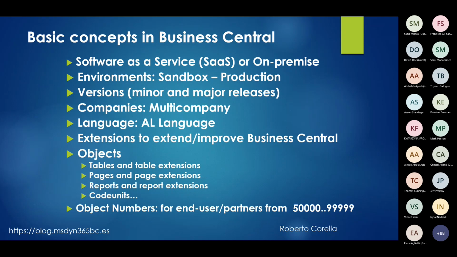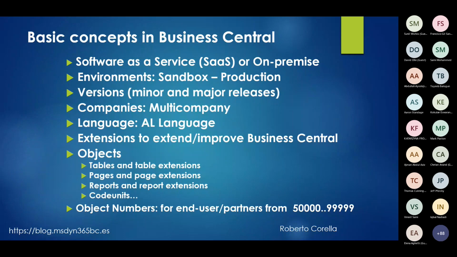The language that we use to create extensions is the AL language. It is very similar to Navision, but is a language to create extensions, and later we can see more in detail.